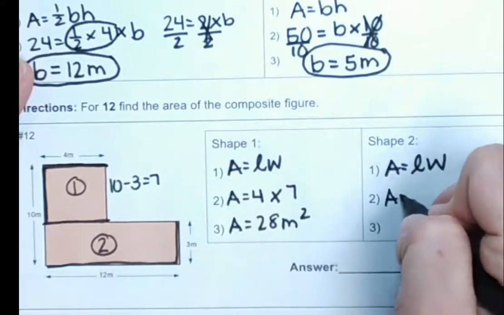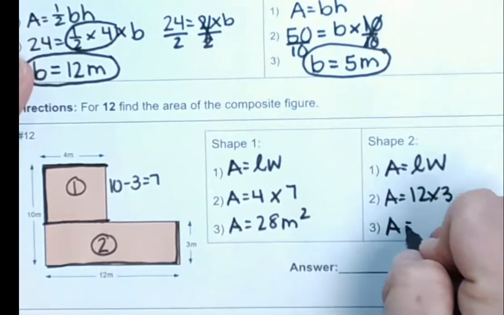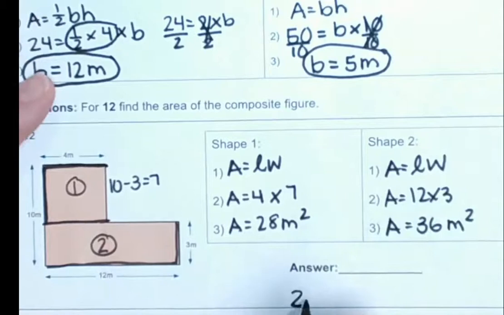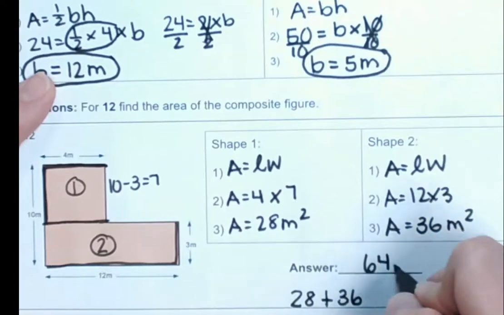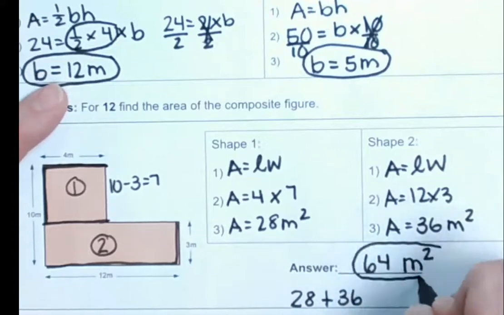So area equals 12 times 3. So area is 36 meters squared. I'm going to take 28 plus 36. And I get 64 meters squared as my answer.